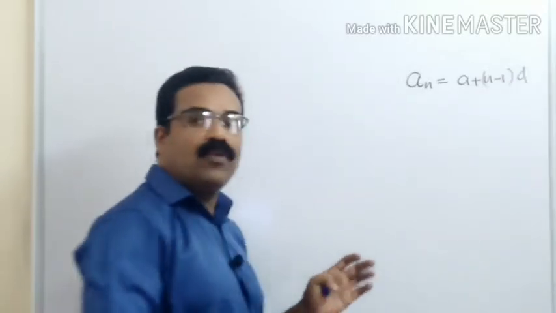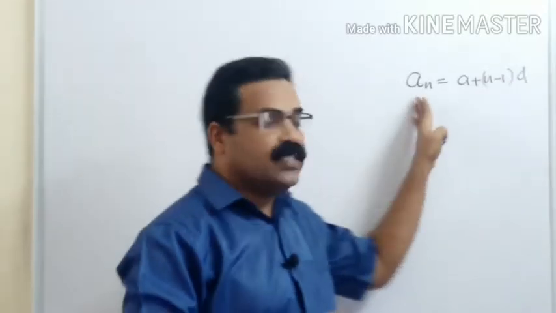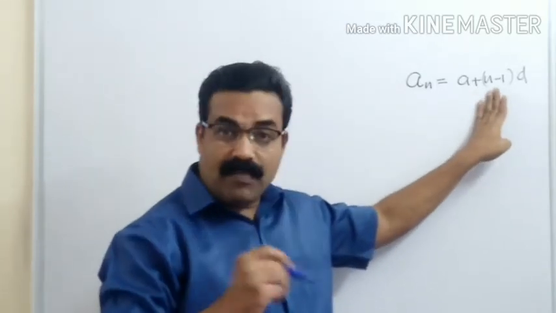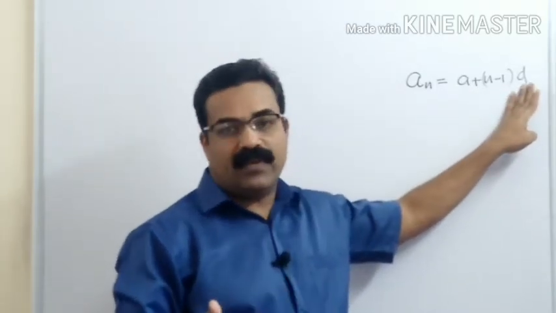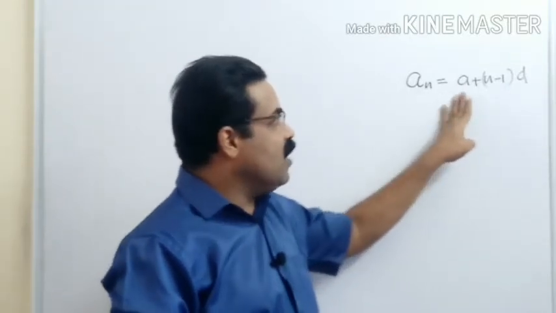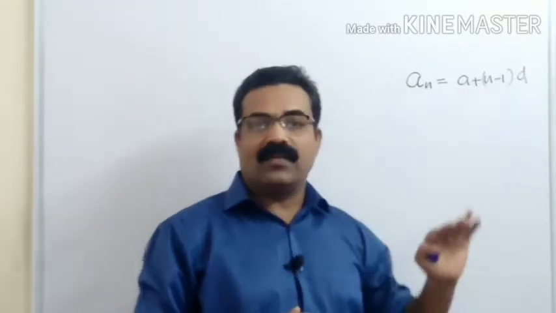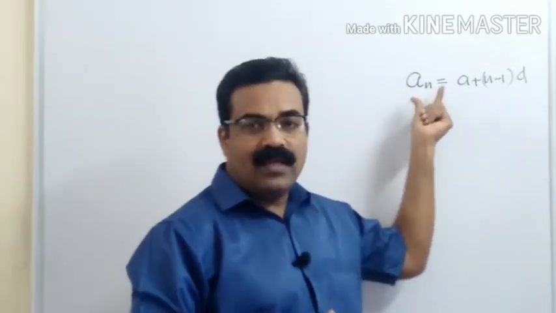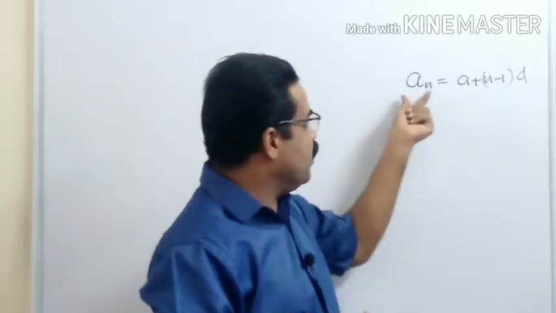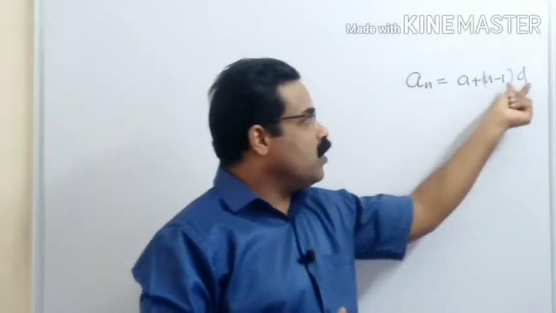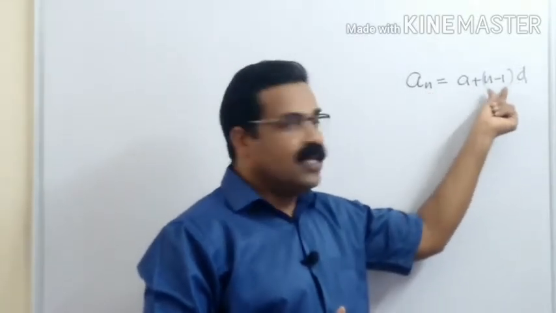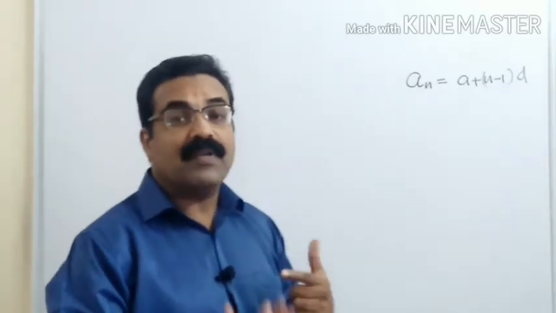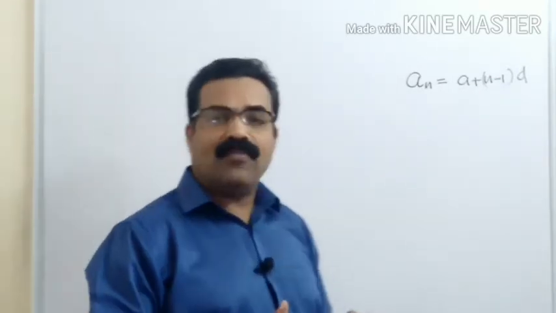This was the first formula we have learned, where an is the nth term, a is the first term, n is the number of terms, and d is the common difference. You all remember what is a, n, d, an, all this; we have explained everything in the previous class. So the nth term of an AP, an, is given by a plus (n minus 1) into d, where a is the first term, n is the number of terms, and d is the common difference. I have written that formula here.